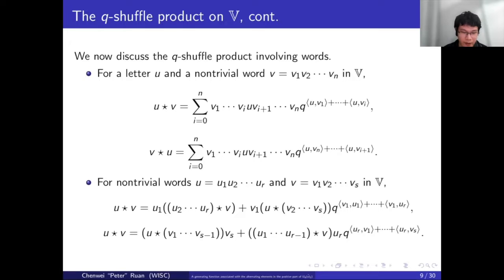And then for non-trivial words u and v, we also have the following recursive definition of u star v, or v star u. Basically, these two definitions are equivalent, so we can use either one.